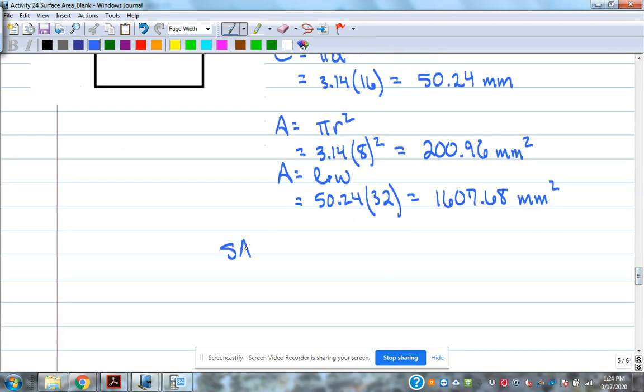And so the surface area, we got 2 circles plus 1 rectangle with a label that goes around this can.